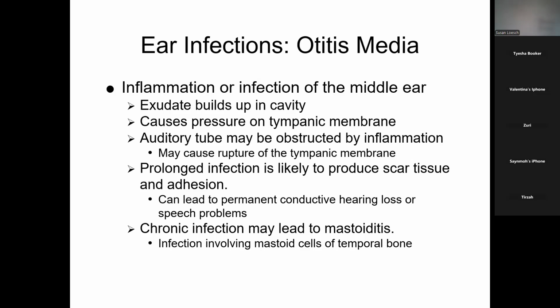Exudate can build up here and interfere with the ability of the ossicles to work right. The auditory tube itself can be obstructed from inflammation, preventing drainage into the nasopharynx area. It can cause enlarged adenoids.